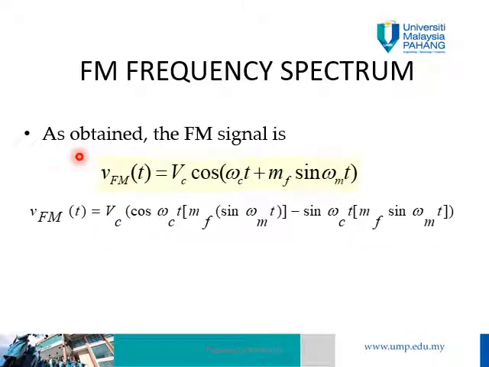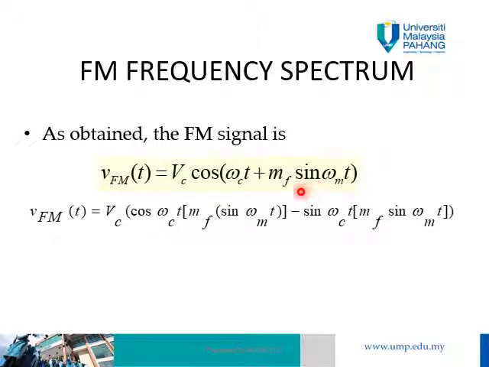So this is the equation that has been derived in the previous part of the video: v = Vc cos(ωc t + mf sin ωm t). This is what we call cos of a sine.